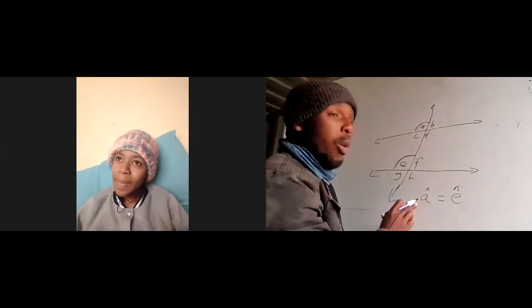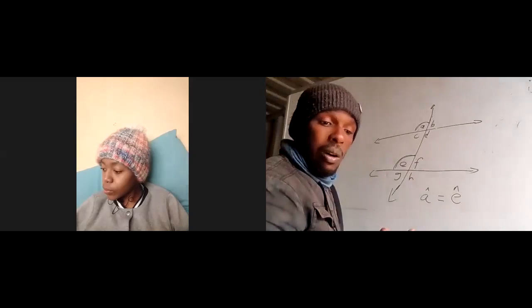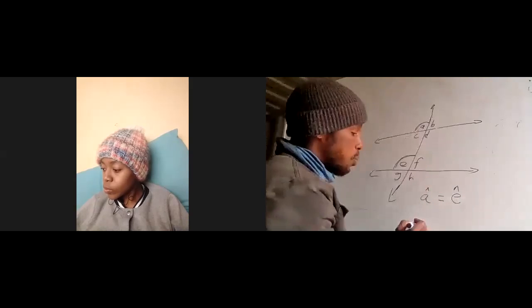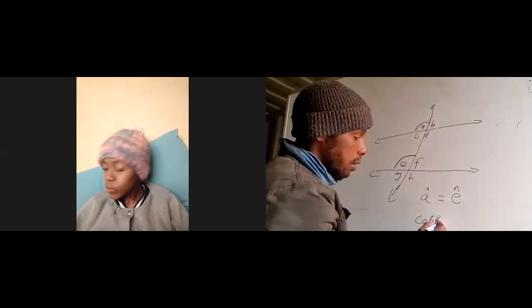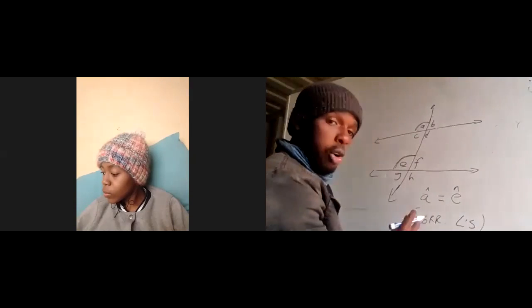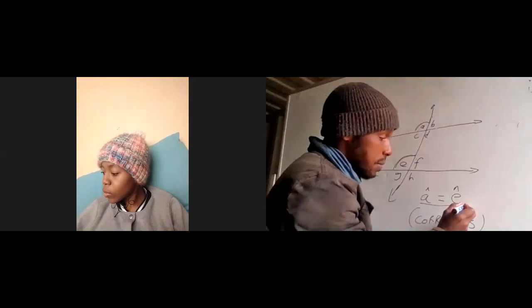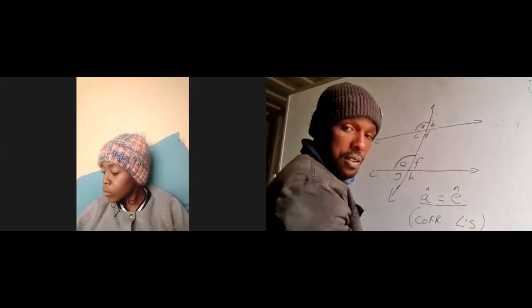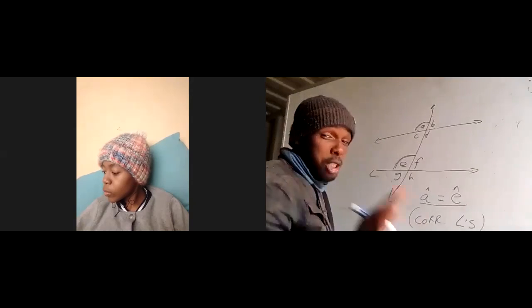If angle A was 40 and I didn't know angle E, angle E automatically becomes 40 because angle A is equal to angle E. We call these corresponding angles. You have a mark for your statement and a mark for your reason. That is rule number 3.